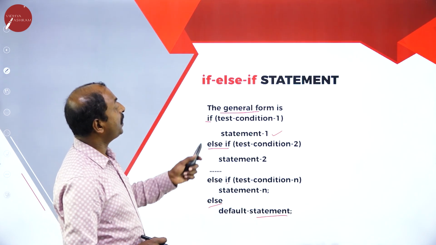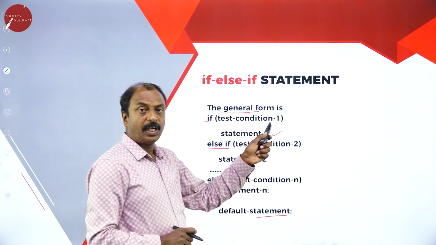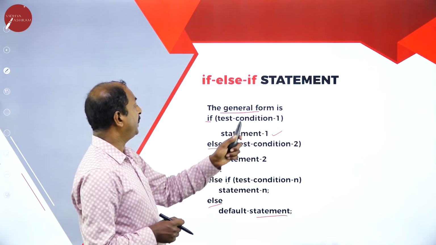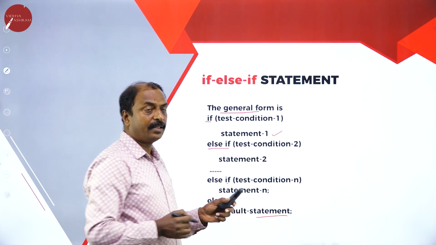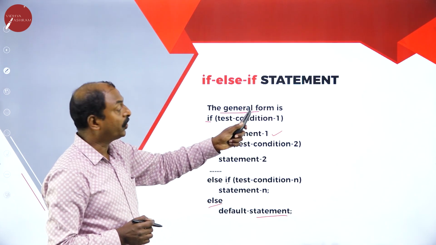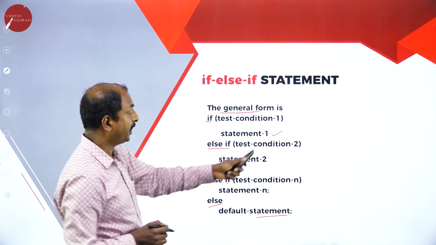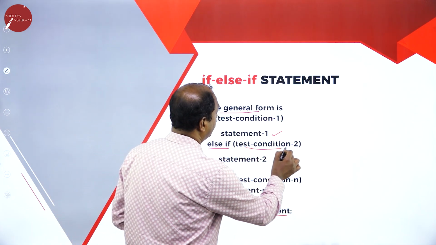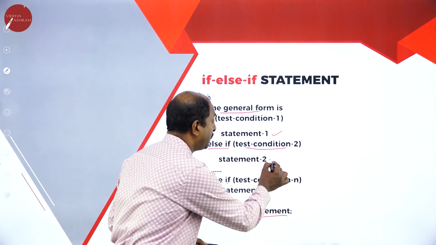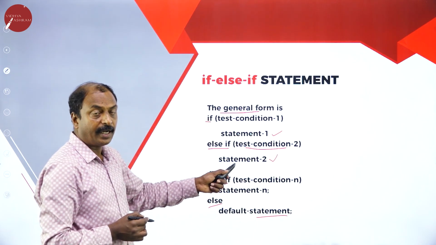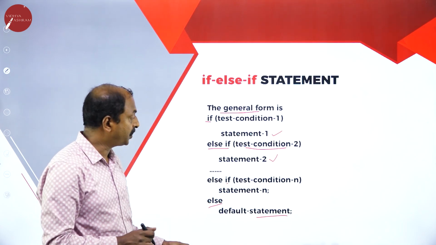Similarly, if condition 1 fails, then it goes to the second condition. Only when a condition fails does it go to the next condition for checking. If test condition 2 is true, it executes statement 2, the second statement, and comes out of the if else if construct.